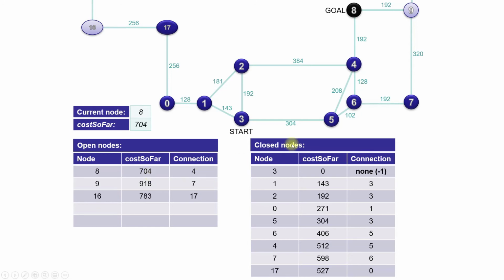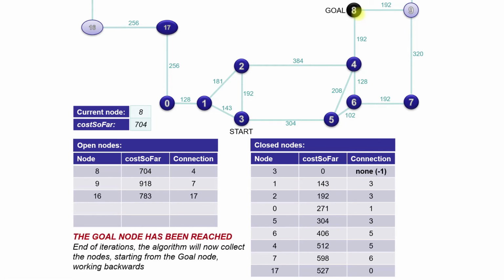And now, with node number 8 as the current one, the goal node has been reached. Yes, this is our final destination. We don't need any more iterations, and the algorithm is ready now to collect all our nodes, starting from the goal node, working backwards to recreate the shortest path from node 3 to node 8.